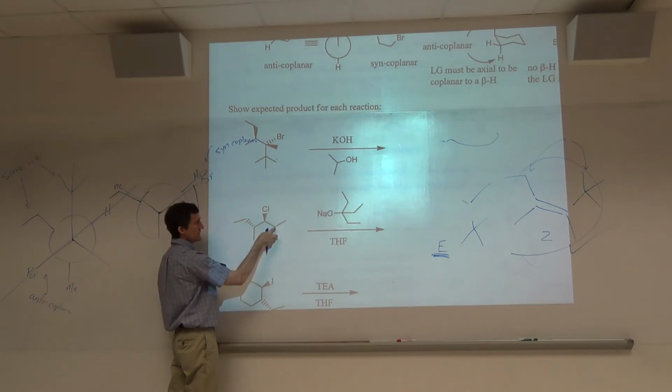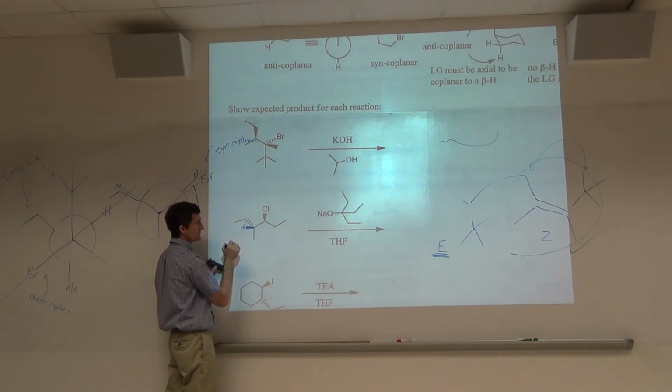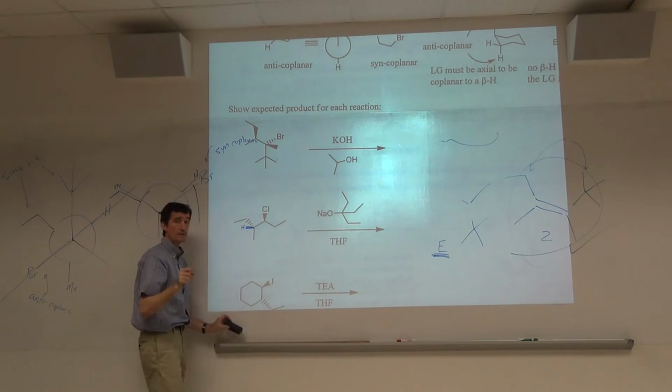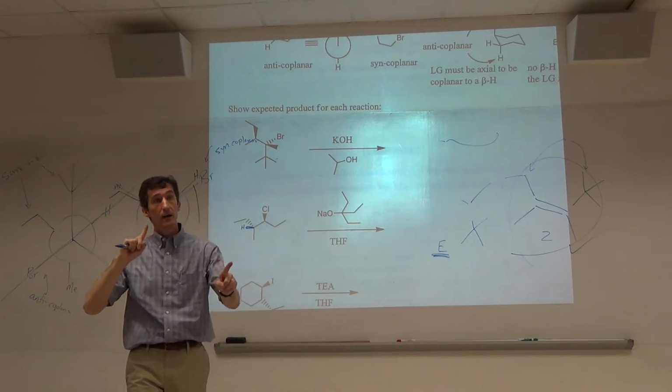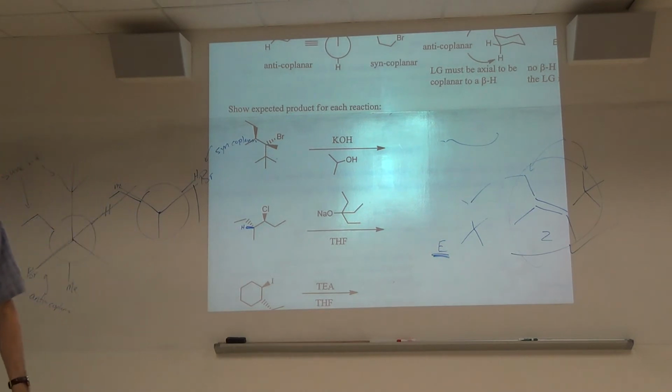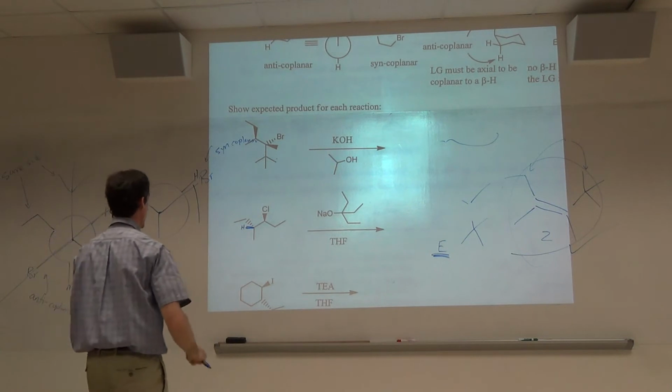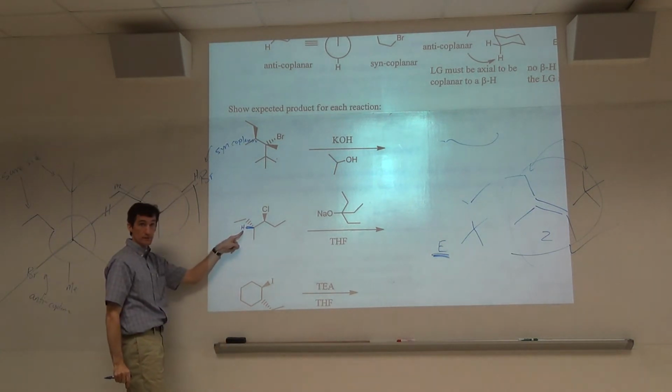Over there would be Hoffman, over here would be Zaitsev. Over here, to make the Zaitsev, we got to remove this H. But the only time you have to worry about what we just did, anticoplanar, is when you only have one H over there. Okay? Only one H.